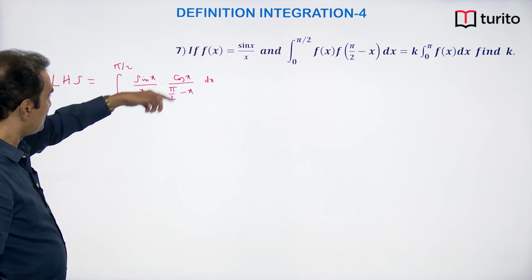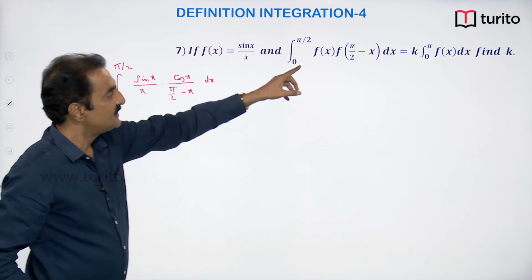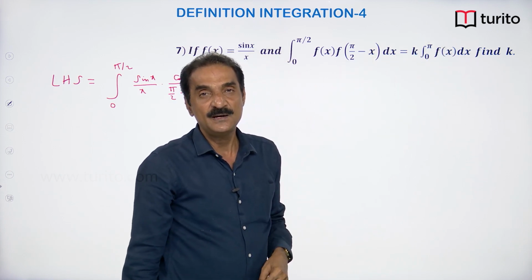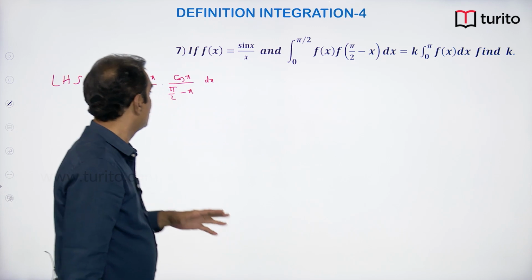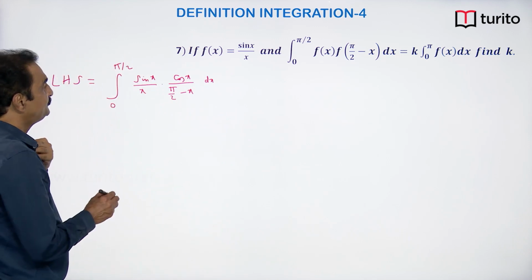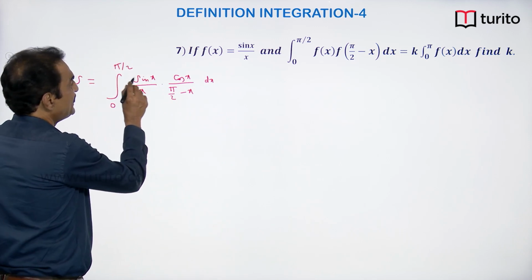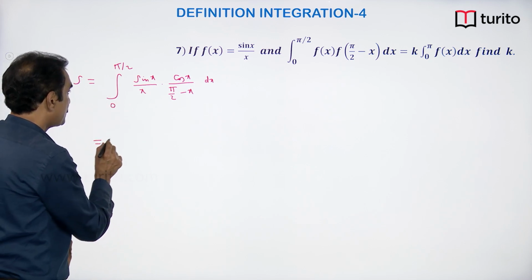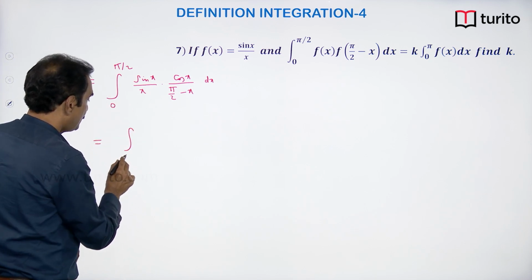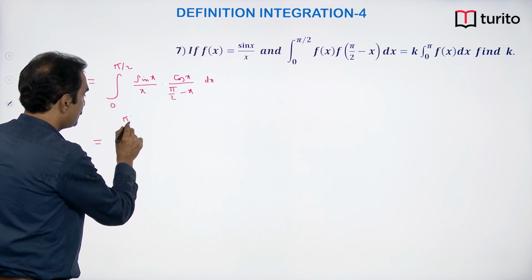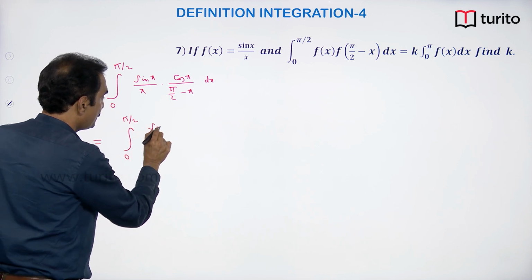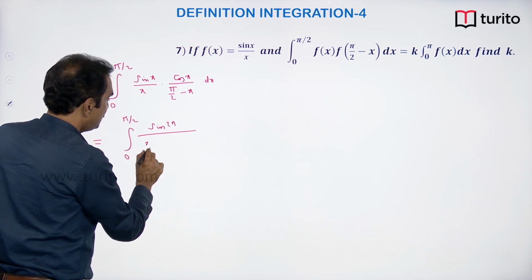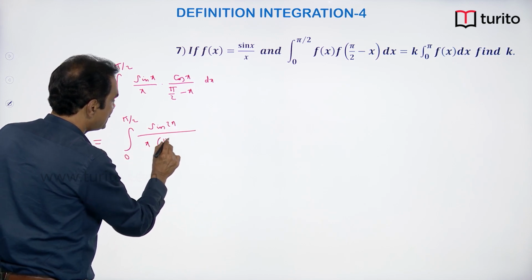Now we have to simplify this and get it in the form of some constant times integral 0 to pi f of x dx. So for that, first multiply and divide by 2 so that you can write the numerator as sin 2x. This becomes x into pi minus x.